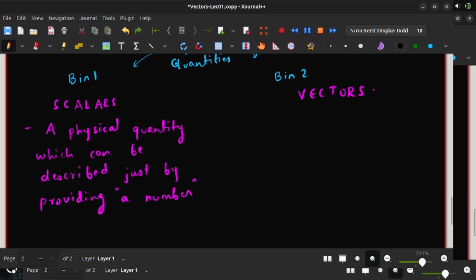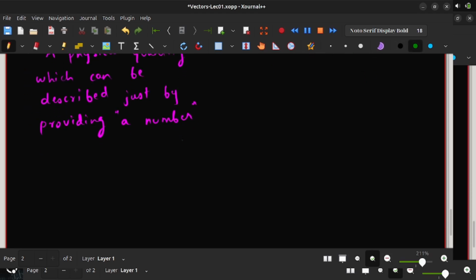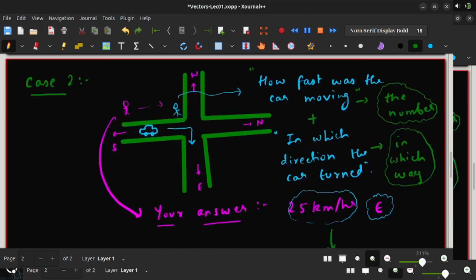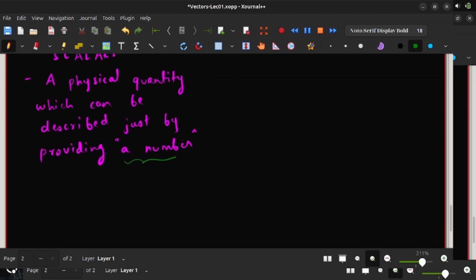What is this number telling me, by the way? It tells me how much. In the above case, it told me how fast this guy was moving. But in general, it tells me how much of that quantity there is. If we are considering speed in a car, then how fast is that thing moving? That is speed. So this number tells me how much.